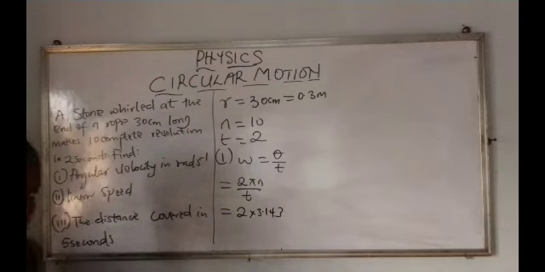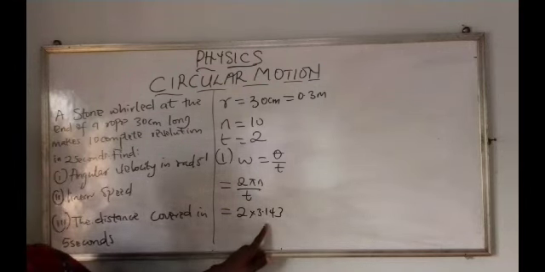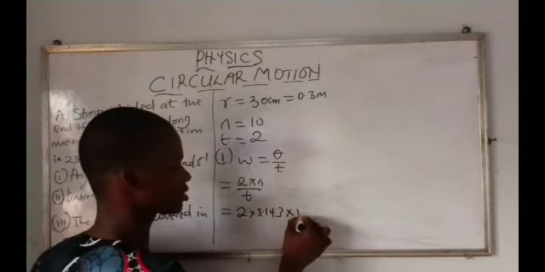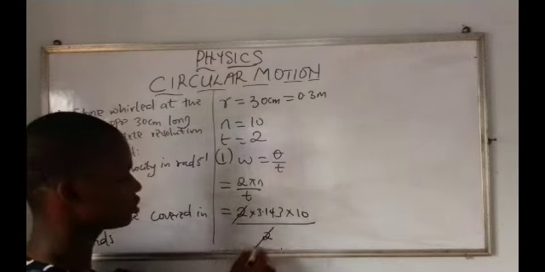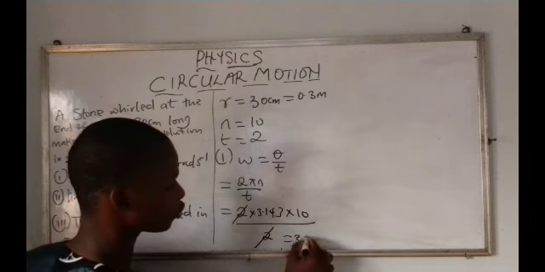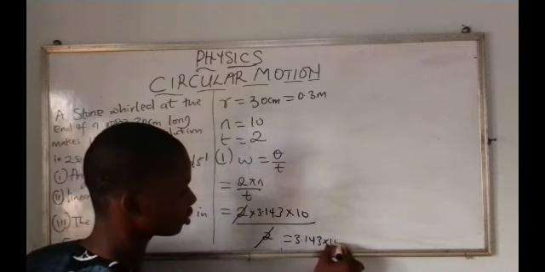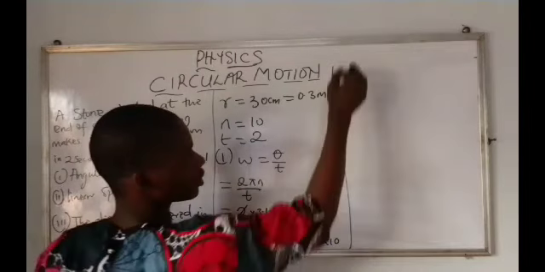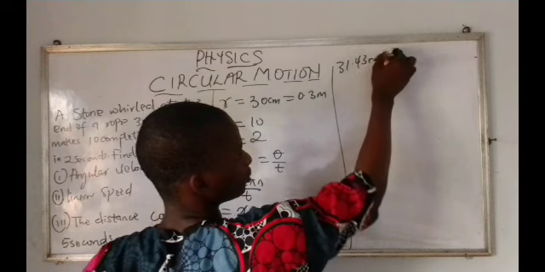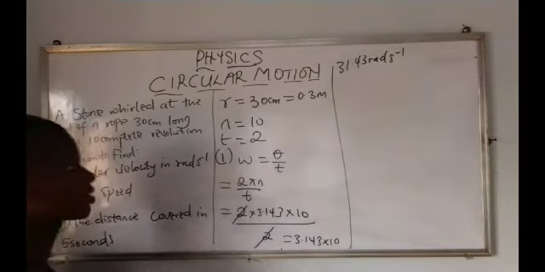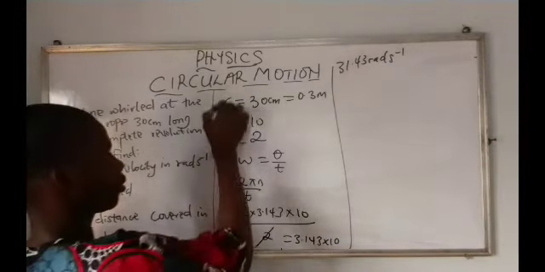Remember, pi is a constant. It has an approximate value of 3.143, times 10 over the time taken, 2. So this will cancel this. We are left with 3.143 times 10, which is equal to 31.43 radian per second. Alright, that is that for Roman figure 1.